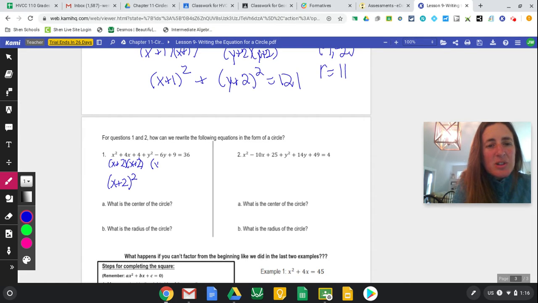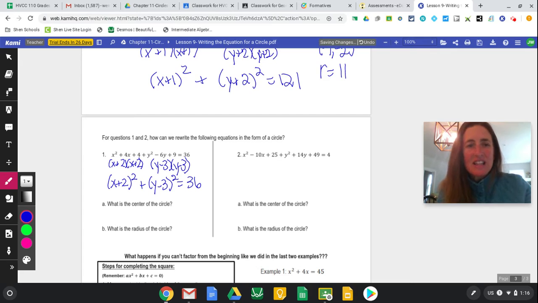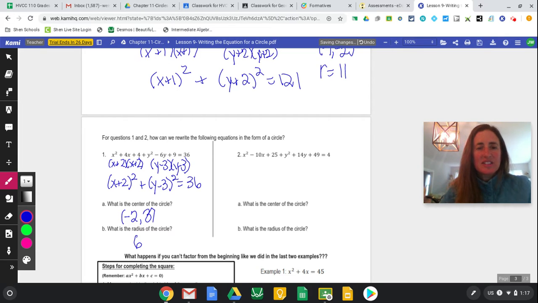This guy in the back is really y minus 3 times y minus 3, or y minus 3 squared equals 36. Now that it's in the correct standard form of a circle, we can find its center. So its center is now at negative 2, but positive 3. Oh dear, look at that. And our radius is going to be 6, because the square root of 36 is 6.